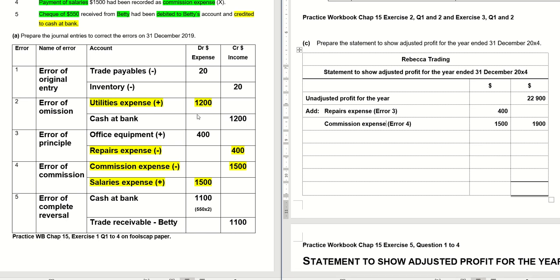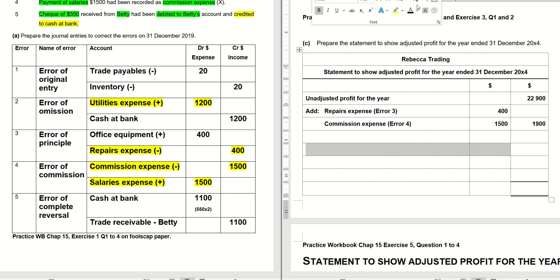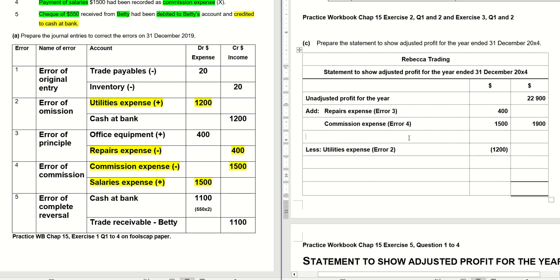Next, I go on to what will decrease my profit. So utilities expense, because it's in the debit column, will decrease my profit. So I have less utilities expense. And salary expense will reduce my profit because it's in the debit column.